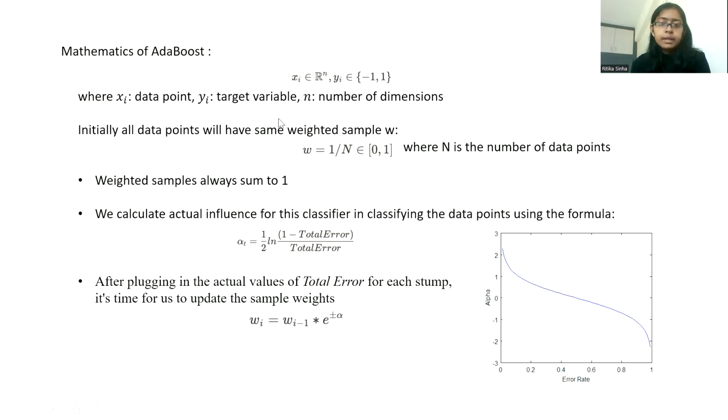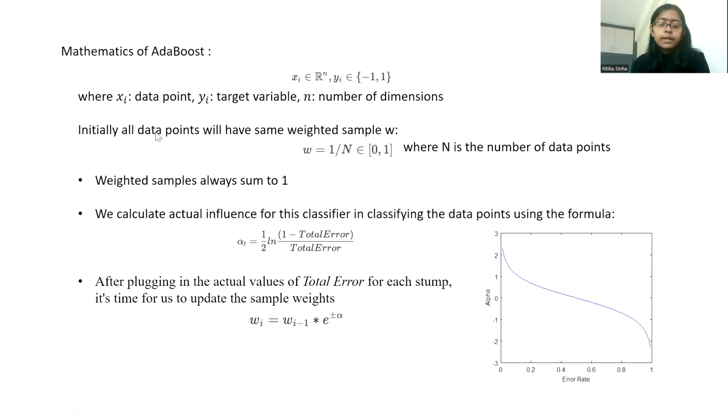In this case, n is the dimension of real numbers or the number of attributes in our data set. X is the set of data points and y is the target variable, which is either -1 or 1, as it is a binary classification problem.